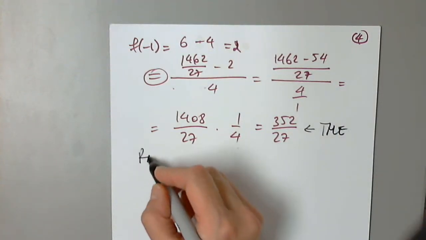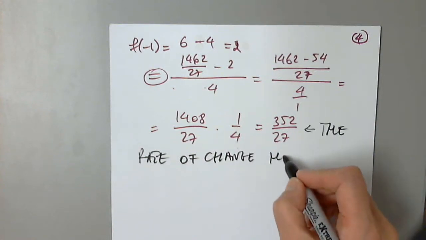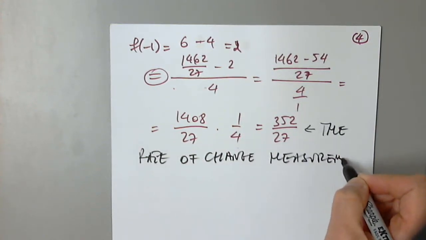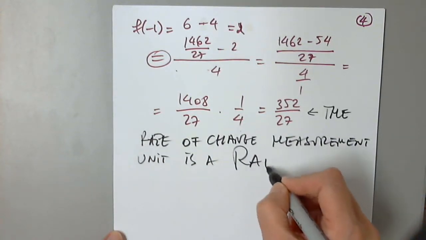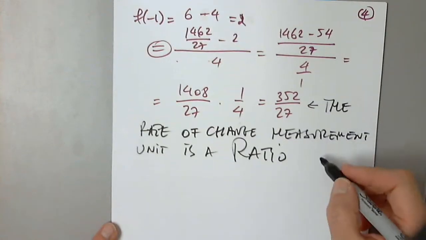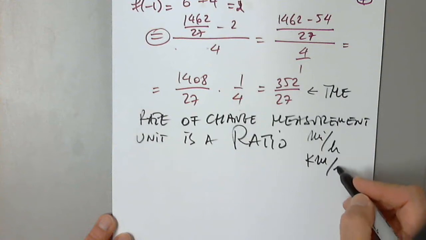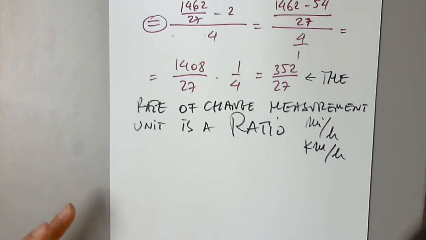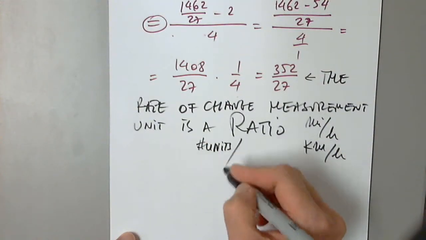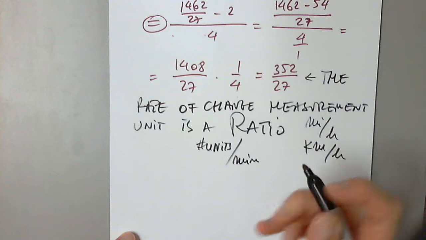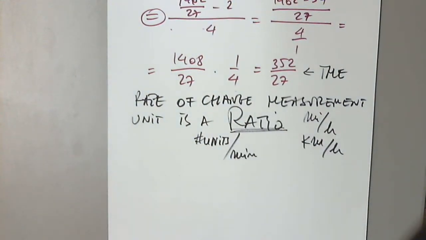The rate of change measurement unit is a ratio, like miles per hour, like kilometers per hour, like number of units per hour or per minute or per year. So the measurement unit is always a ratio for the average rate.